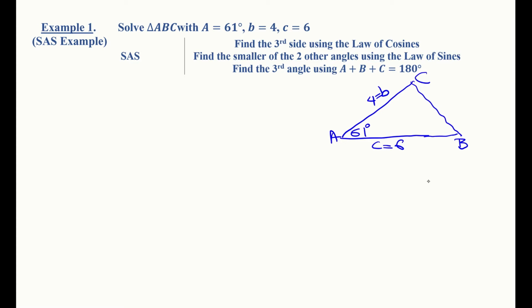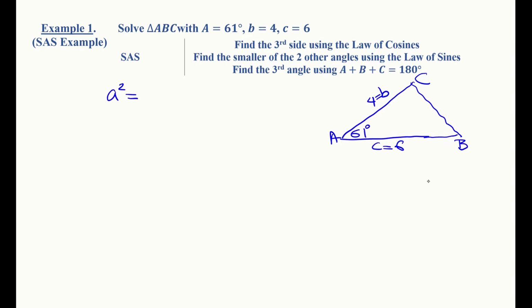So we're going to have A squared equals B squared plus C squared minus 2BC cosine A. All right, substituting the values that we know.